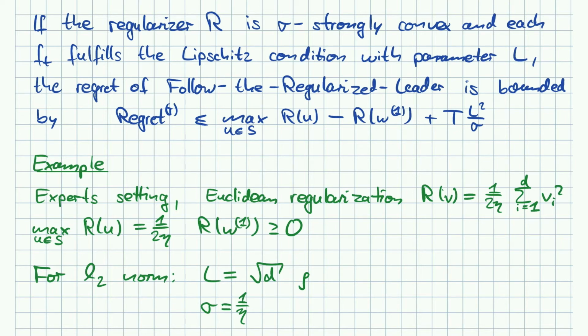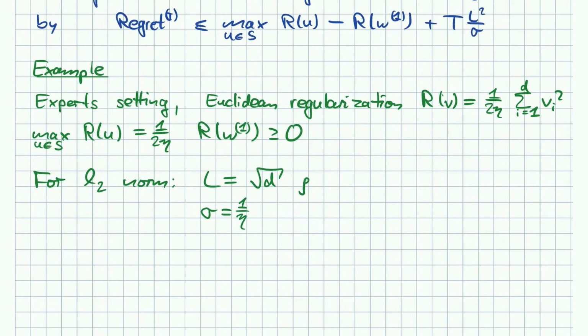Good. So what's the regret guarantee that we're getting? The regret guarantee is 1 over 2 eta plus T times the square root of d times rho, squared, divided by 1 over eta.